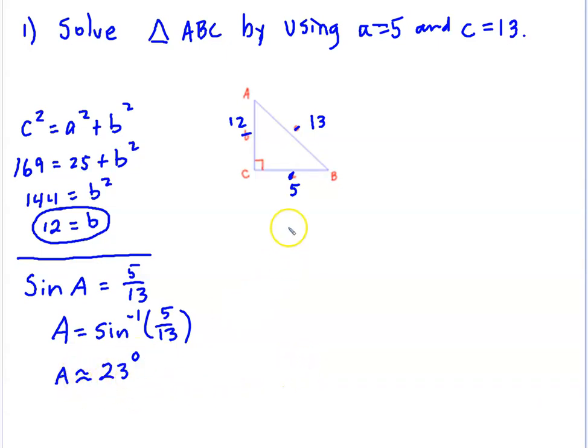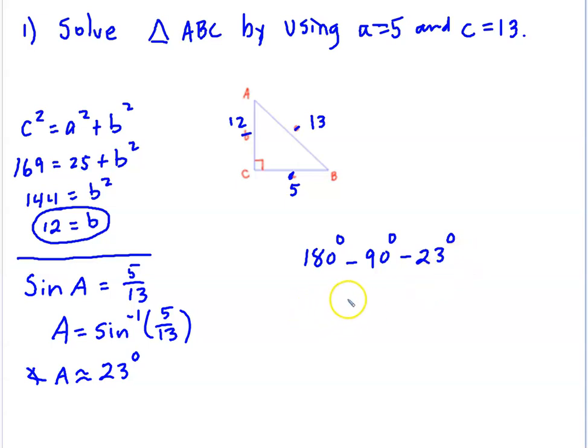And now you can just use your truth that the sum of the angles in a right triangle, or any triangle for that matter, is 180 degrees. So we found angle A, so let's just take 180 degrees, subtract off the 90 degree angle C, and then subtract our angle A measurement of 23 degrees.